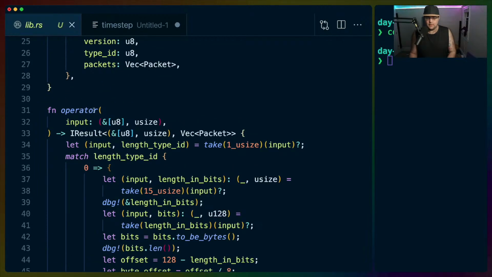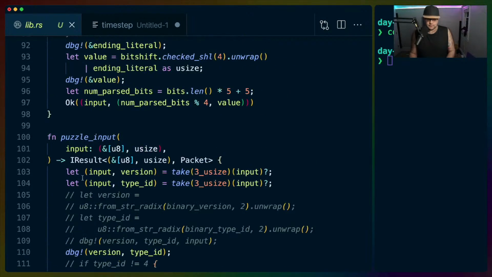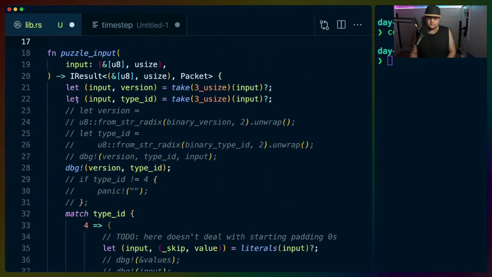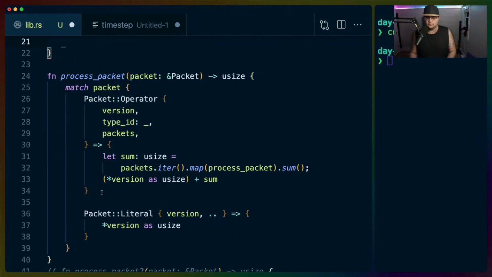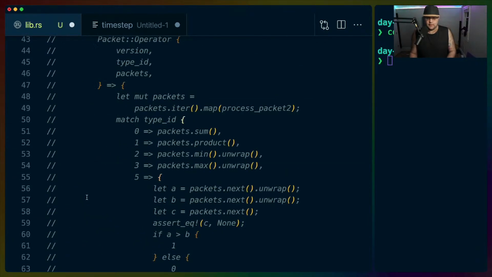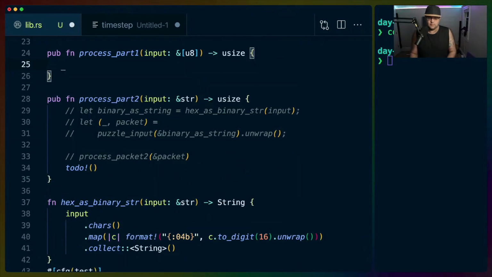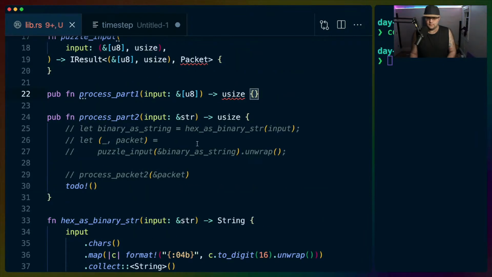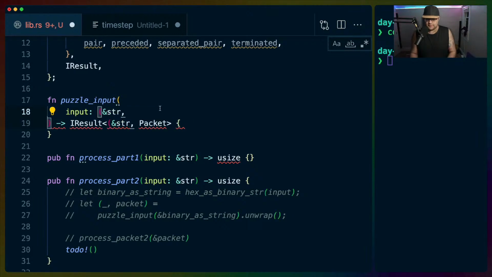Let's get rid of all the stuff in here. We don't need this parser anymore, so I'm just going to get rid of basically everything in here. Process packet is not useful anymore. This is going to be in str. Puzzle input is going to be strs because we don't need this to be a binary parser. This is going to be a usize just to differentiate it.